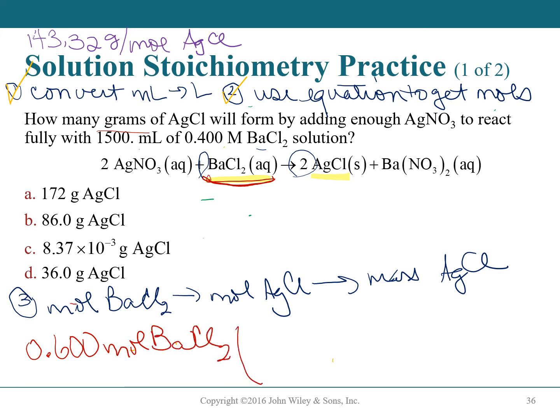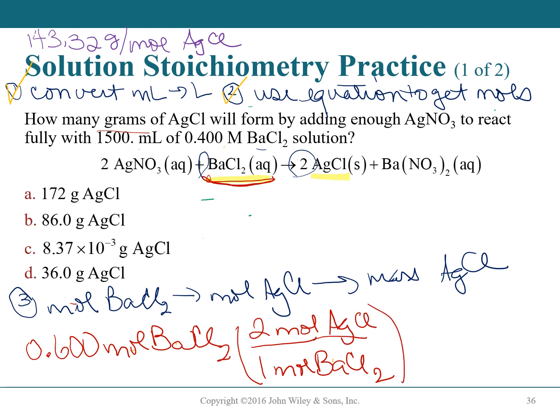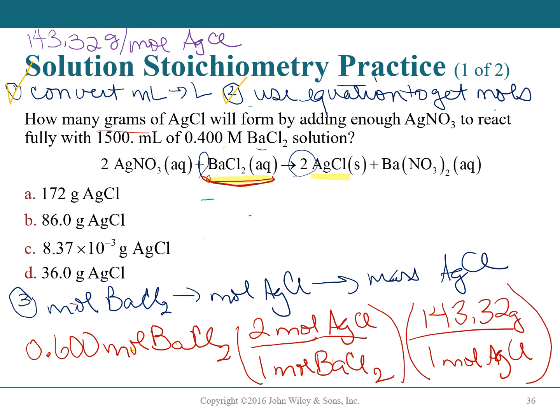I need my mole to mole ratio, and I know that 1 mole of barium chloride will give me 2 moles of silver chloride. And I need to get my molar mass. I know for every 1 mole of silver chloride, it weighs 143.32 grams.